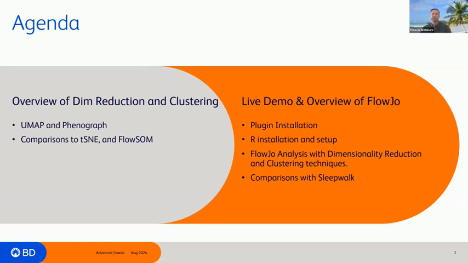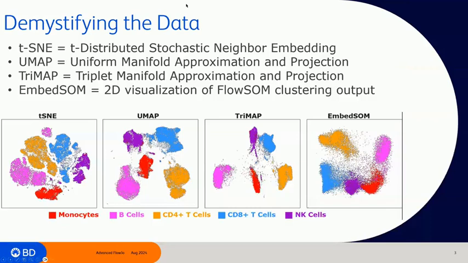So as most of you are familiar with flow, I'll focus today on the data analysis aspect, particularly dimensionality reduction and clustering, which are key to interpreting high-dimensional flow data. So as you know, flow cytometry generates high-dimensional data, often with dozens of parameters.